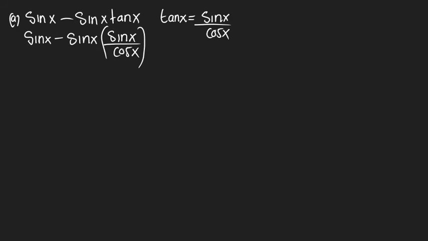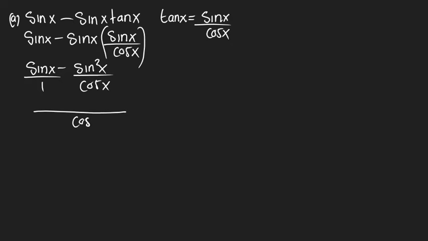Now notice, from here, we are able to expand everything, and if we expand, we are going to have sine x minus, what is sine x multiplied by sine x? This is going to be sine squared x over the cosine x. All right, so you can even include the 1 there for balancing, and then you can find the common denominator, which is going to be just a cosine x.